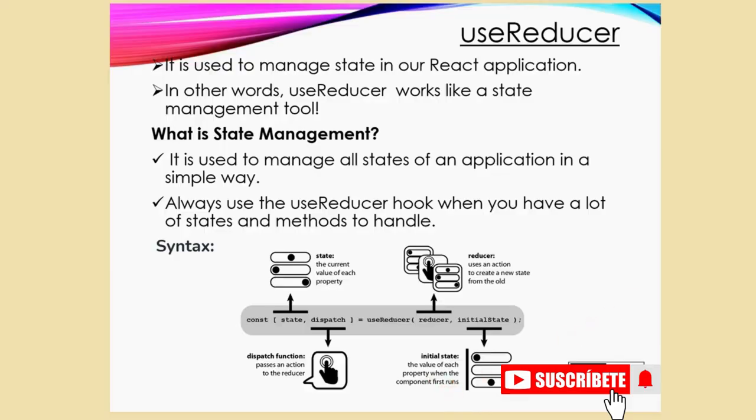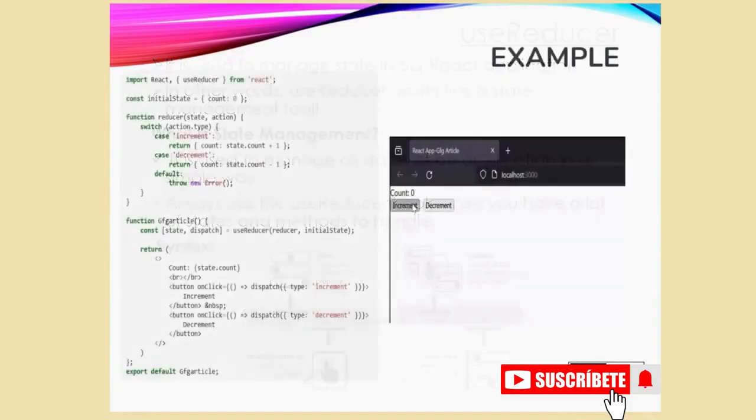Okay, an example is also there. Here import React and useReducer from the React library. Define the initial state. Then function reducer, with state and action. Switch cases: increment, case 1, decrement, and default. Action and state parameters are there.